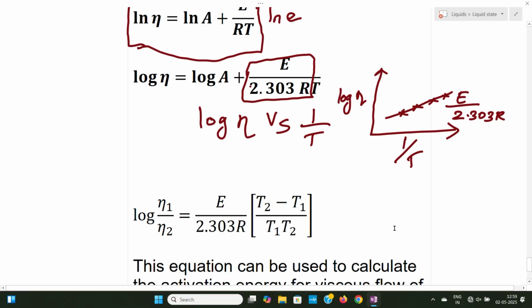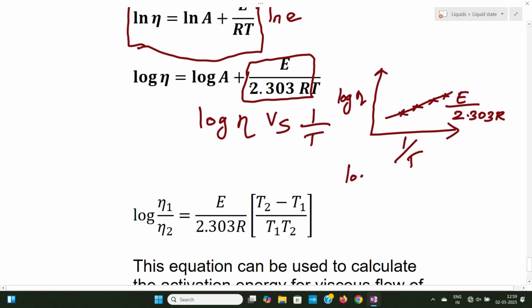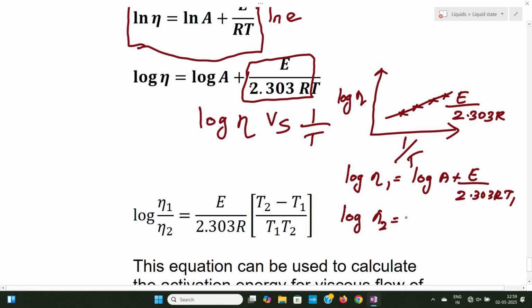If we have the viscosity of two liquids, that is log eta 1 is equal to log A plus E by 2.303 RT1, and log eta 2 is equal to log A plus E by 2.303 RT2.